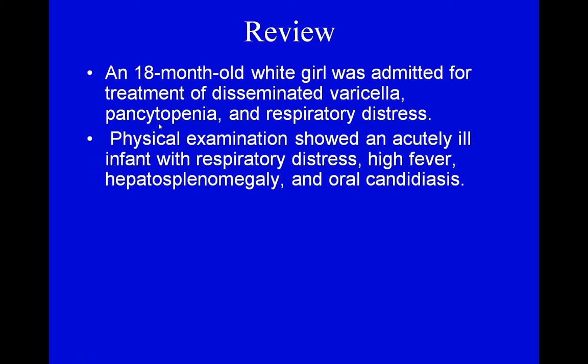The body, the bone marrow, has been overwhelmed by this infection. There are types of organisms like viruses that could release toxins that would destroy things like red blood cells and white blood cells. So she's got a yeast infection. Her liver and spleen would be large. The spleen is responsible for kind of breaking down and removing those old red blood cells.